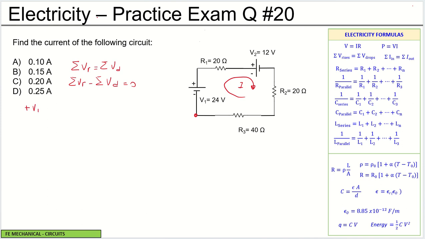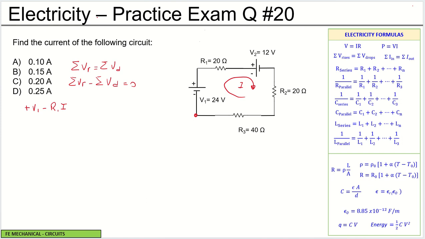I don't need to put the plus, but I put it just to make sure it's positive. Then the next one is R1, which is negative because I'm moving in the same direction as the assumed current. So it's negative R1I, where I is the current.